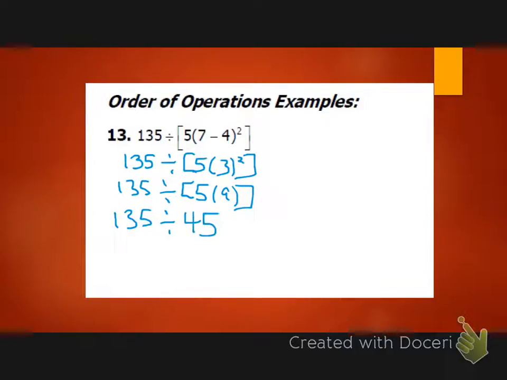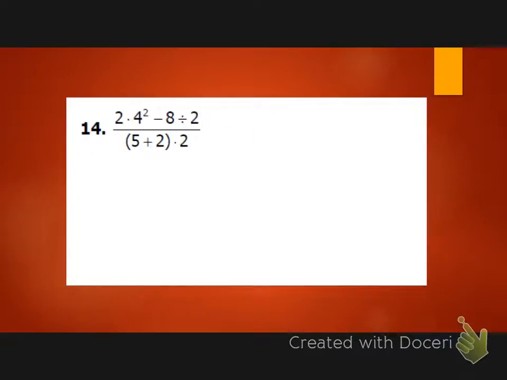So you've got 135 divided by 45, which is just going to be 3. So all of that simplifies down to 3. You just have to work down step by step. Now you try number 14 on your own and see if you got it right.